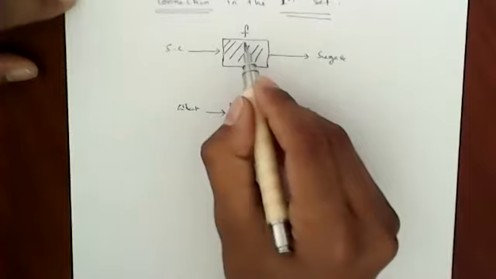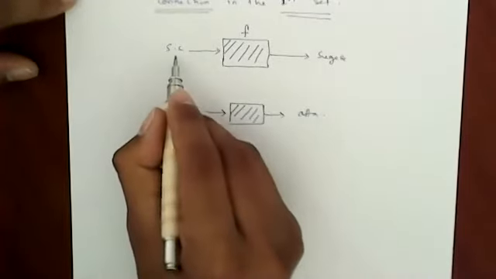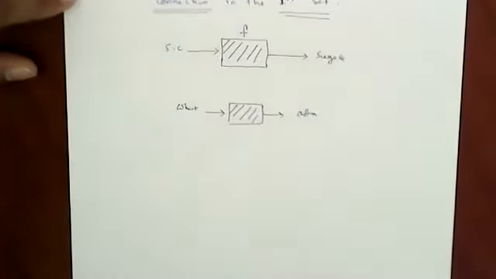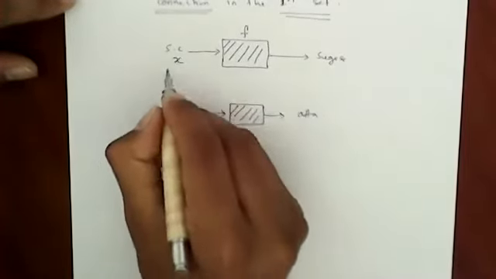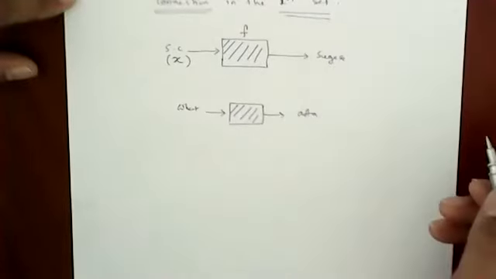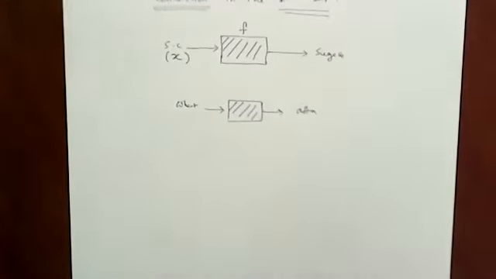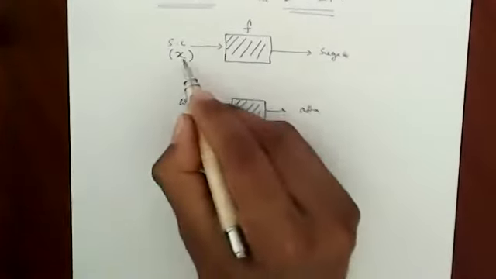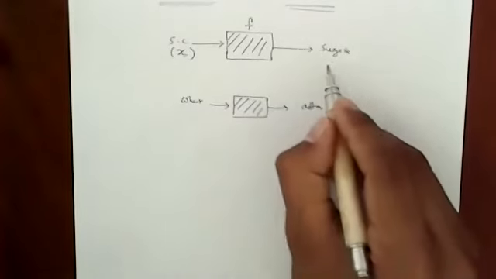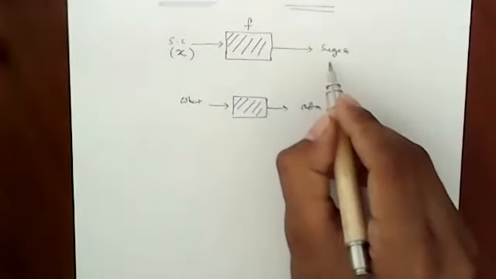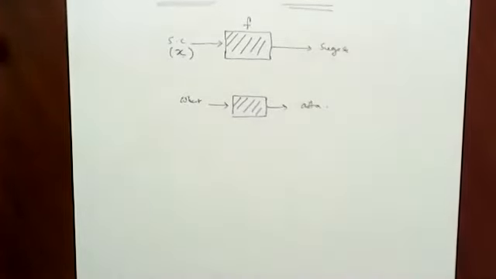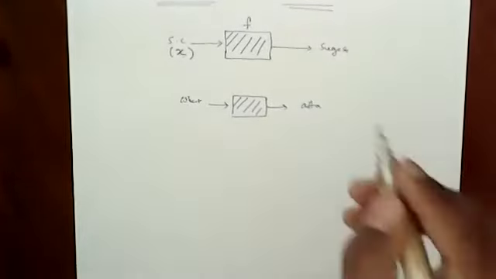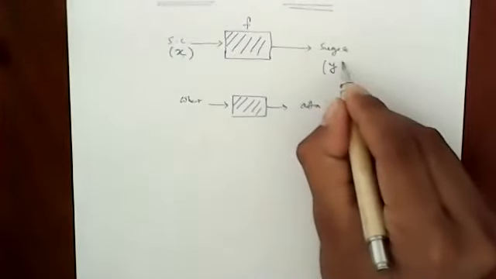From this side I can insert either sugarcane or wheat or something else, but whatever I insert, let me call this X. When X is inserted in F, on this side we get sugar, or we may get something else, but whatever we get, let me name this Y.